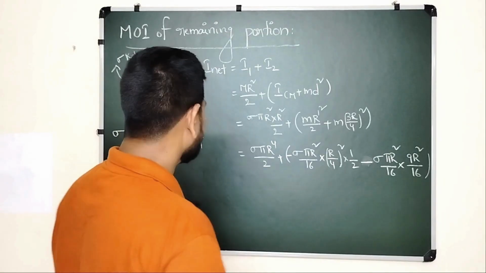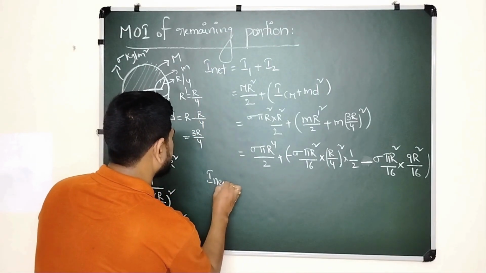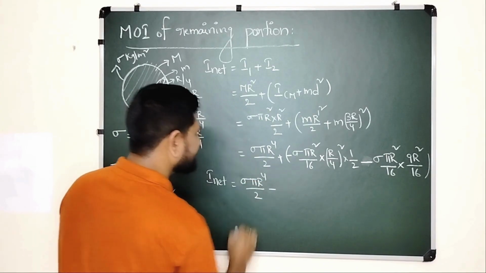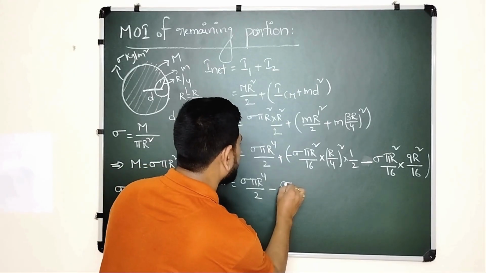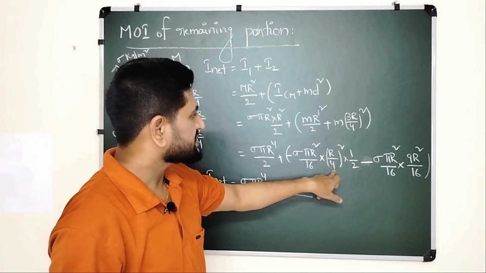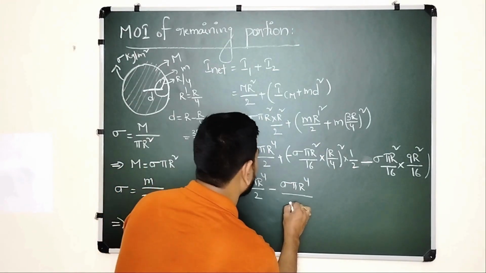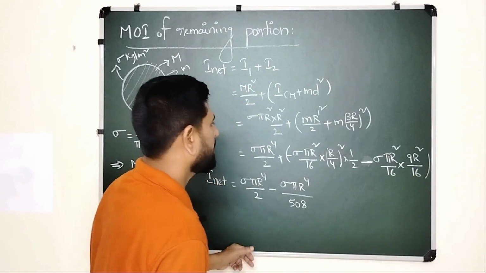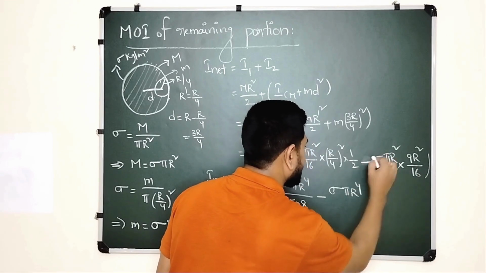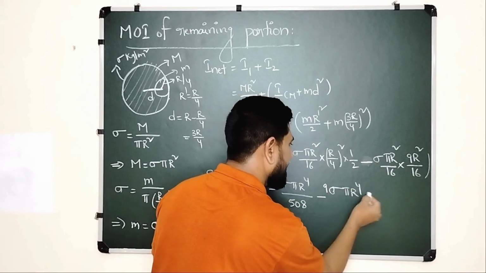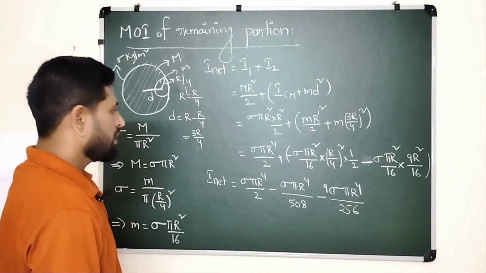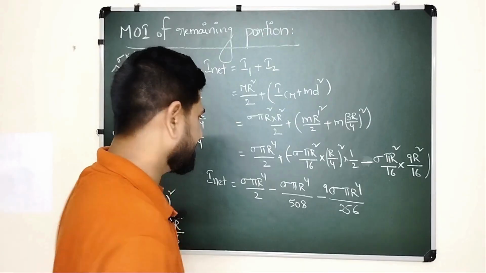Now simplify this equation. I net is equal to sigma pi r power 4 by 2 minus sigma pi r power 4 by 16 into 2, minus 9 sigma pi r power 4 by 16 into 16, that is 256. Now again we need to take the LCM.